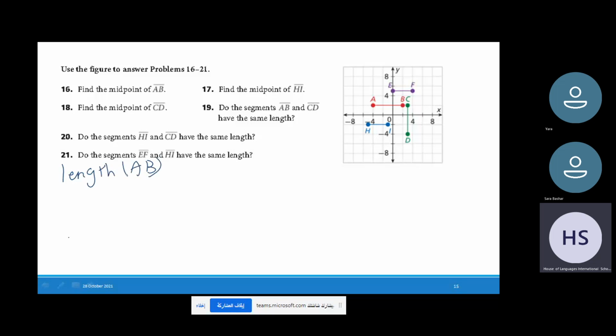Count how many squares. 1, 2, 3. So how many units? 3 units. CD is 4. No, 3. And CD, 1, 2, 3. I think from C to D, there are 3.